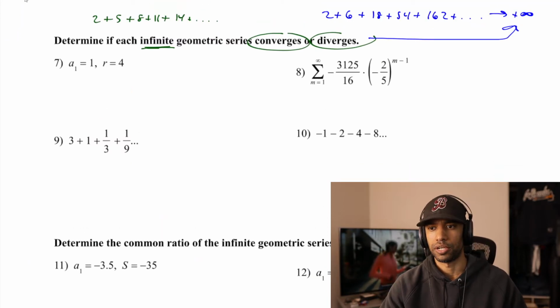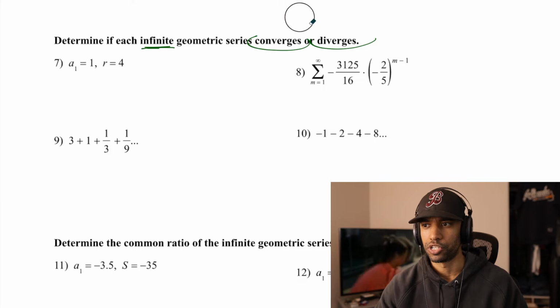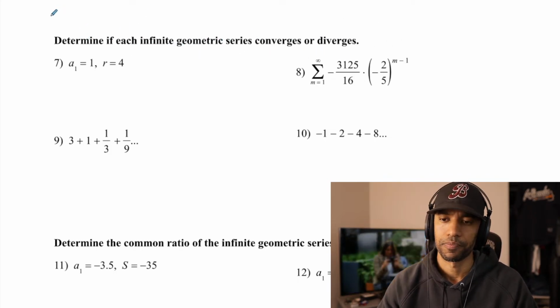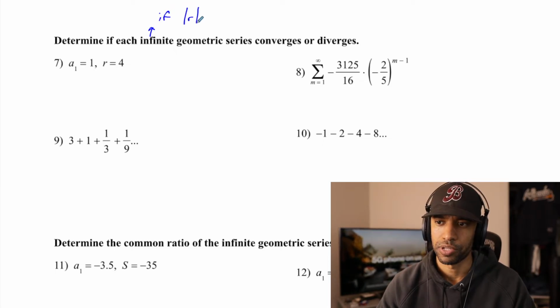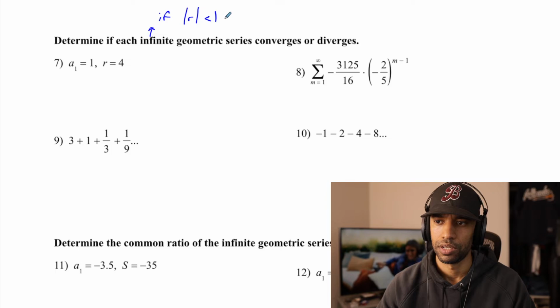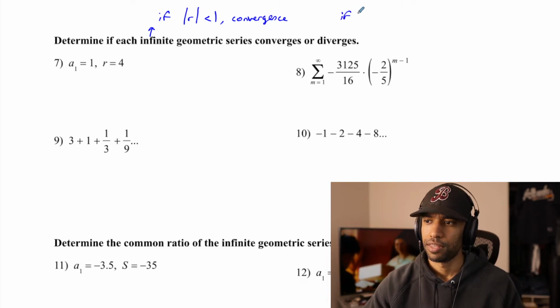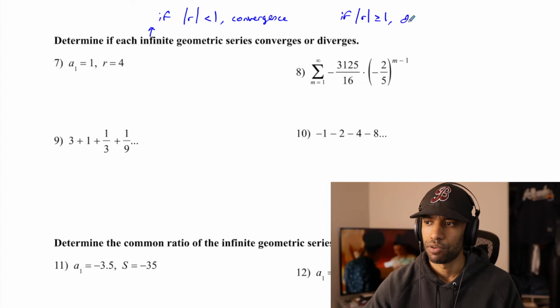So the same thing goes here. Our basic rule for convergence versus divergence, and we'll state more on it later, is that in an infinite series, if your common ratio's absolute value is less than 1, we have convergence of an infinite geometric series. If the absolute value of r is greater than or equal to 1, you have divergence.